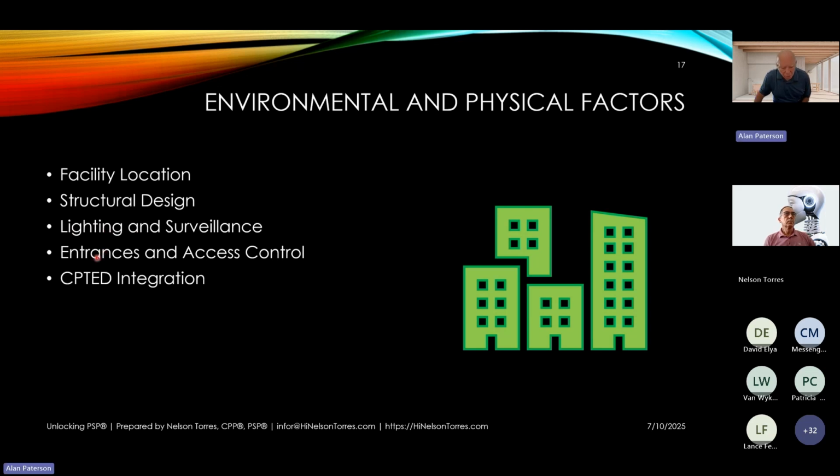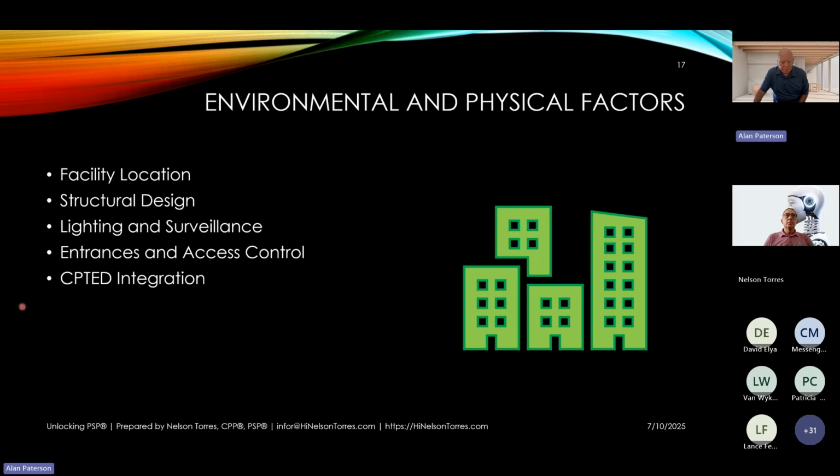Entrances and access control. There should be segregation of employee and visitor flows. Employees should have their own entrance just to keep things easy to read. And the presence of clear zones and natural surveillance areas, and integration with access control technologies and procedures.